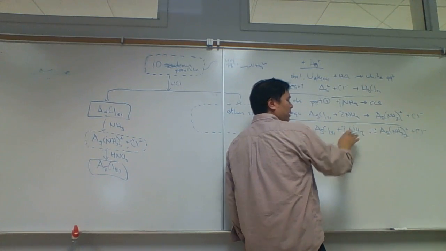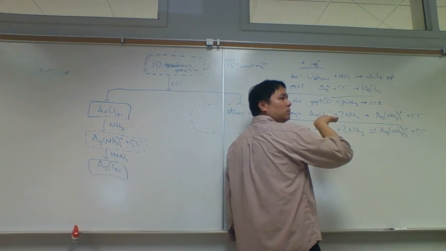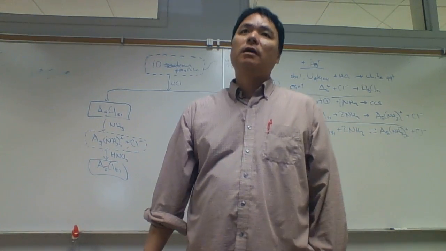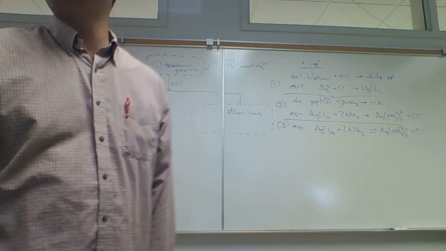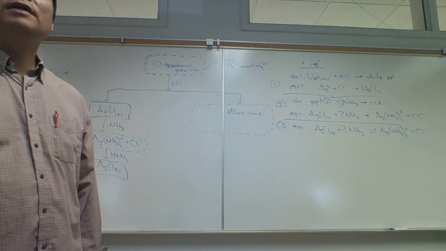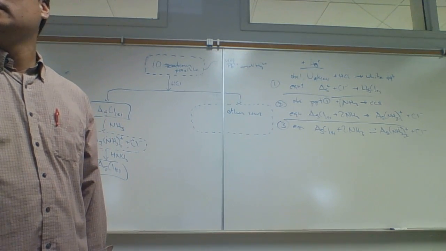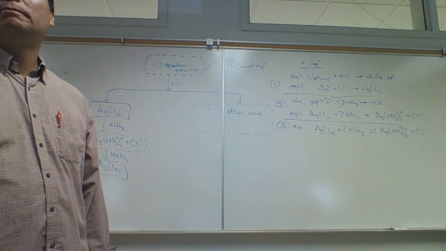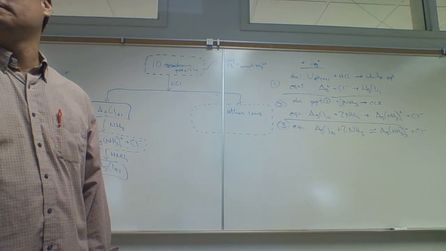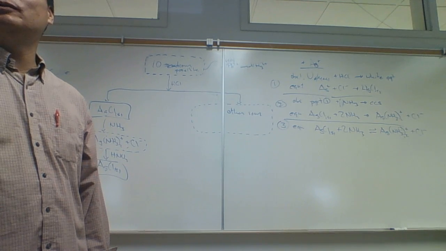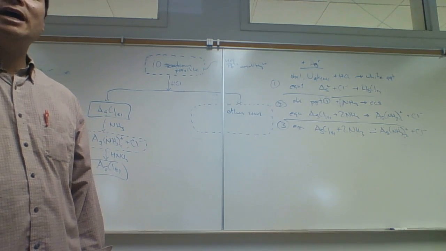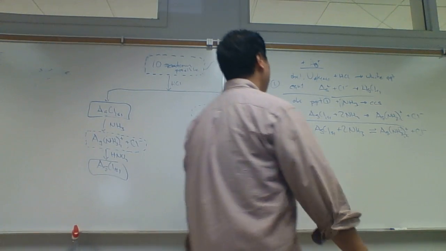If I add more ammonia, it shifts it to the right. But what if I decrease the amount of ammonia? If I decrease the amount of ammonia, it should shift it to the left in favor of precipitation. And so how can I decrease the amount of ammonia? Easy. What's one of the chemical properties of ammonia? It's a base, so if I add acid, I'll kill it.